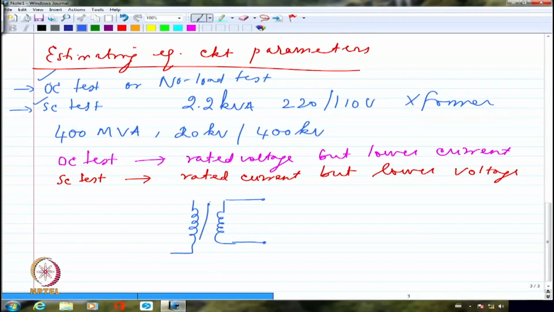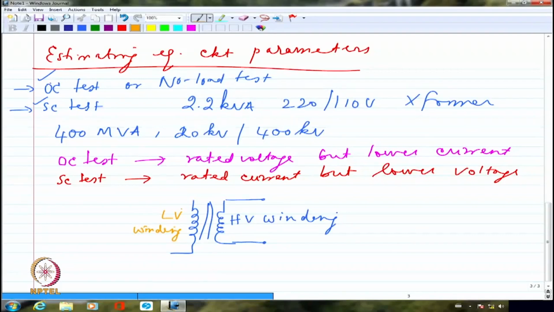Invariably, the open circuited winding will be the HV winding, whereas this will be the LV winding. LV corresponds to low voltage winding, the other one is high voltage winding.